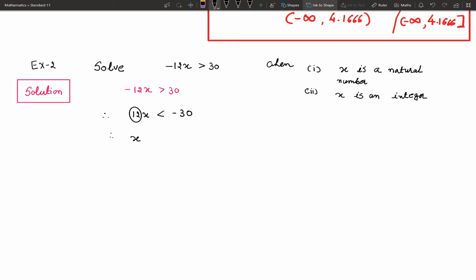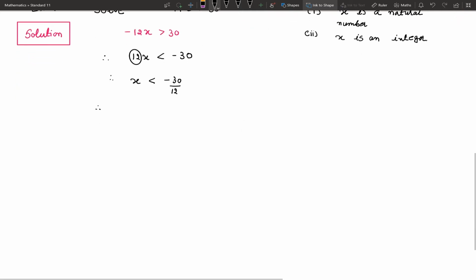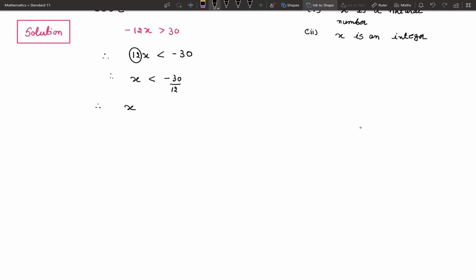So x is less than minus 30 by 12, approximately, you can use a calculator, minus 2.5.